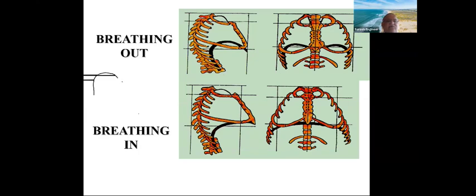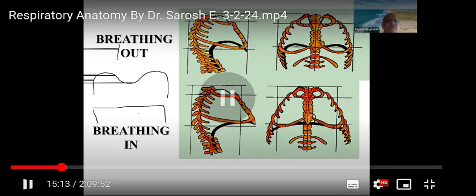The diaphragm has got two domes, a right dome and a left dome. This whole diaphragm contracts, and the diaphragm becomes almost something like this. So the distance from wherever we started to this distance has increased.